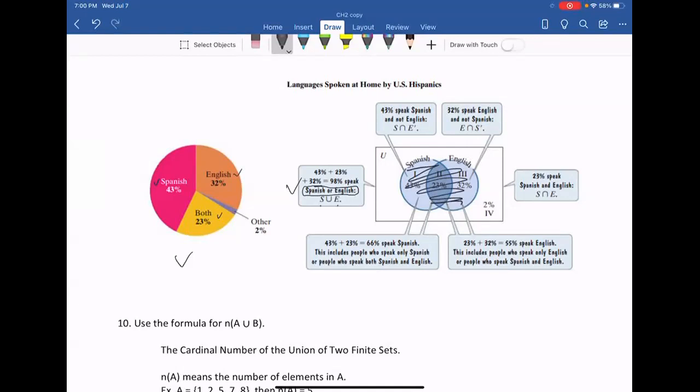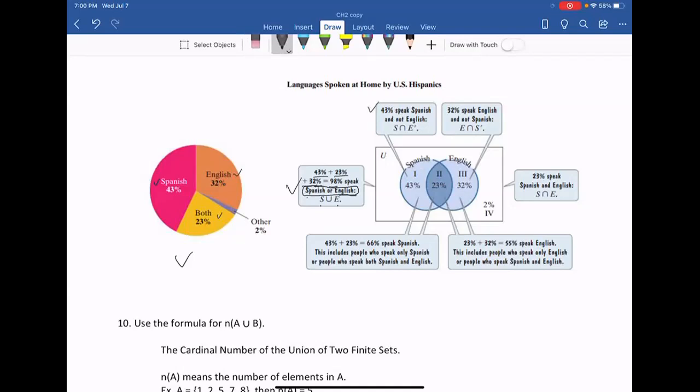That means I need to add all the elements together. They give us the percentage, so we can add them together. That is 43% plus 23% plus 32%, which is 98% who speak Spanish or English.